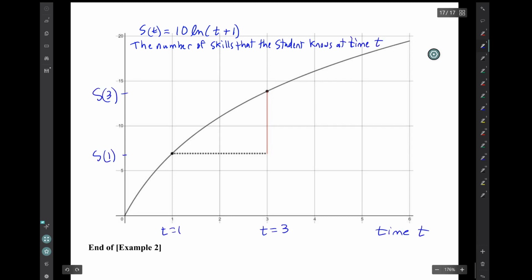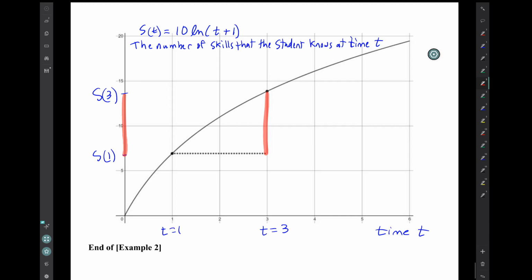So there's the graph with more things labeled, and we see that the change in the number of skills known is illustrated by this height, this difference in values of capital S from t equals 1 to t equals 3.